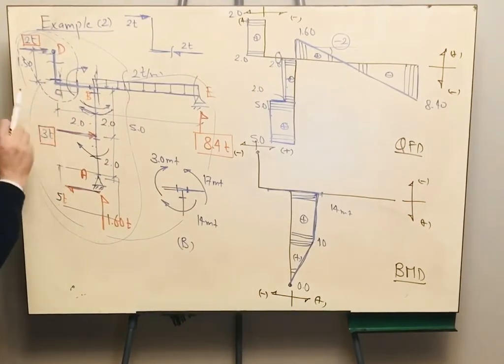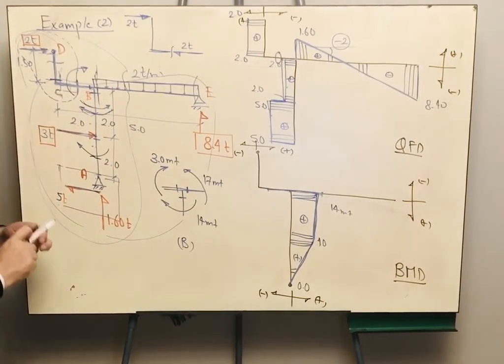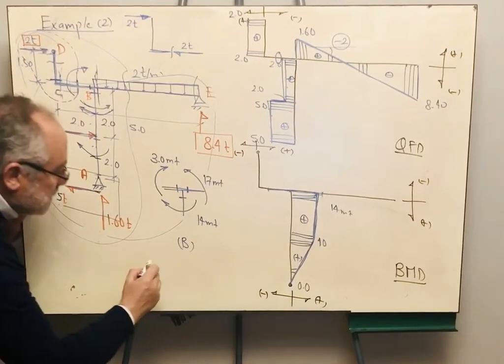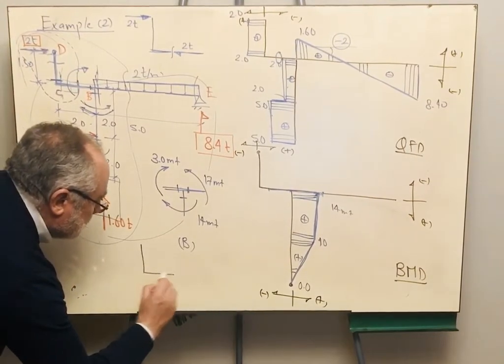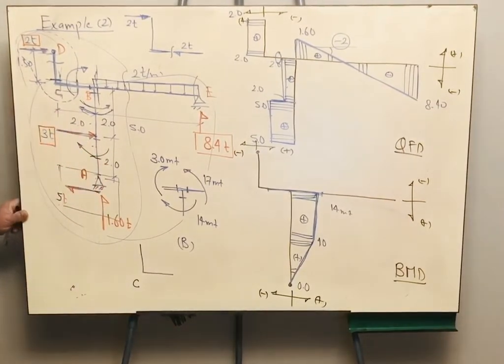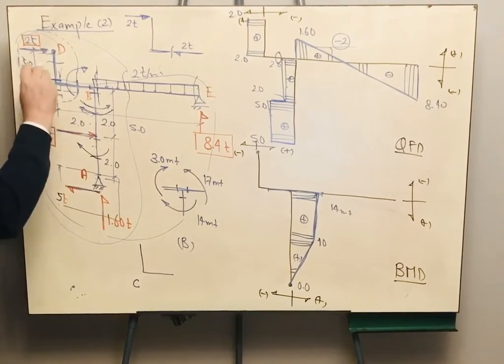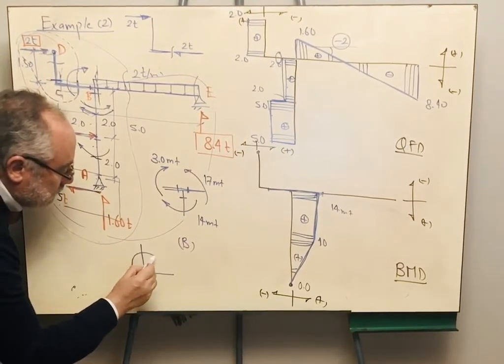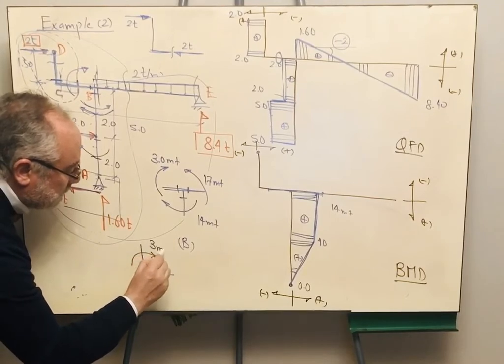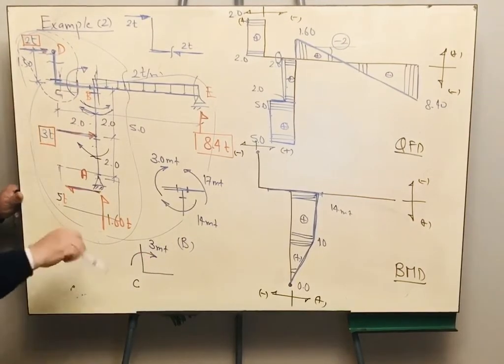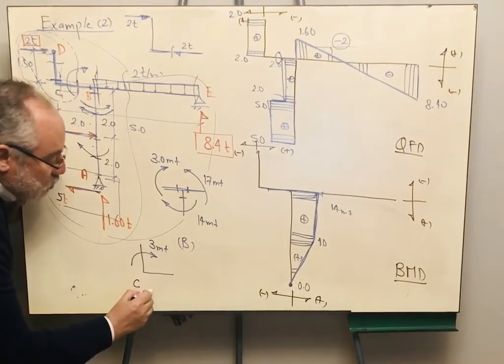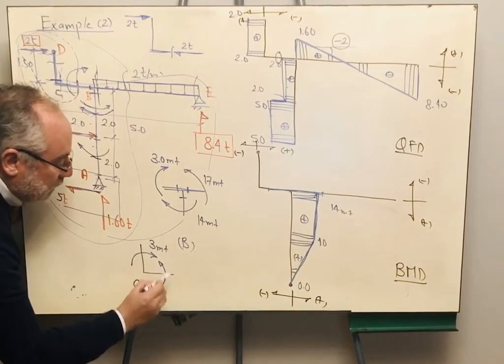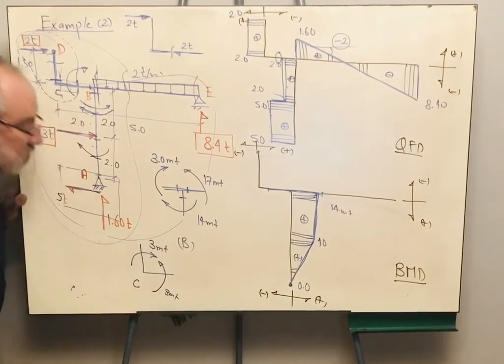Take care, point C, actually, let me draw point C here. This is point C. The 2 ton force is rotating in this direction and it is causing 3 meter ton. How can this part be in equilibrium? There should be another moment like this, 3 meter ton.